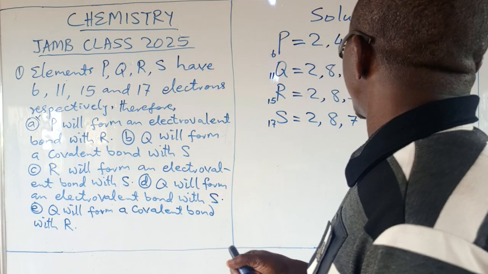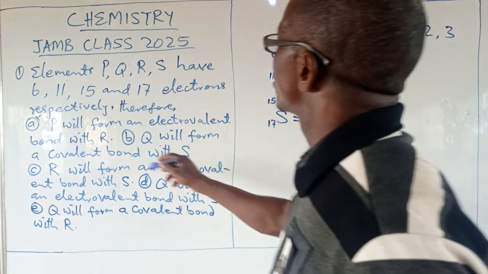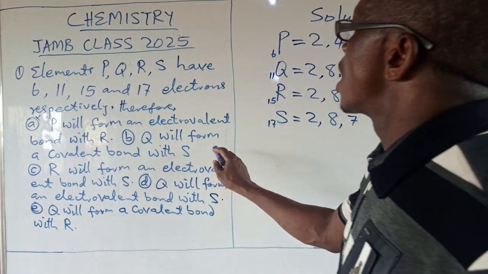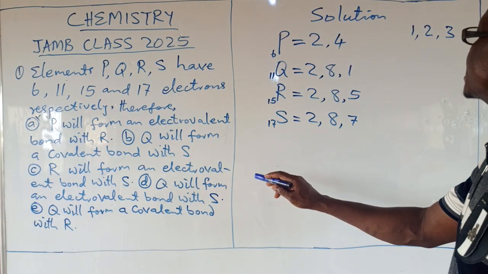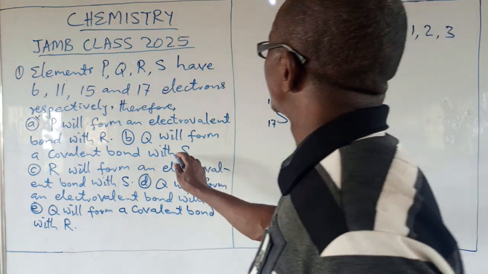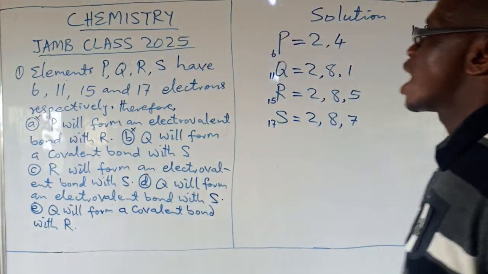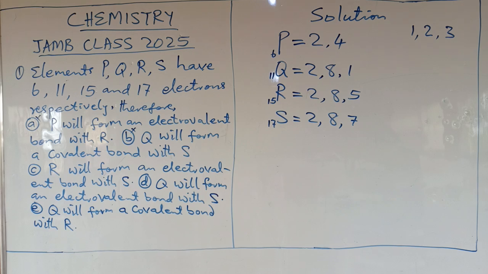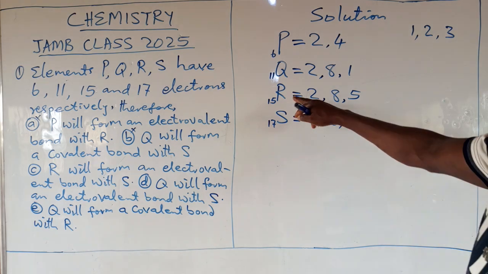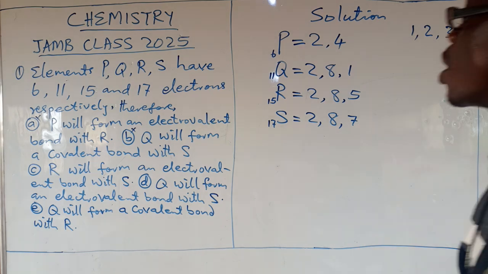So B is wrong. Option C: R will form an electrovalent bond with S. No, it will not work.